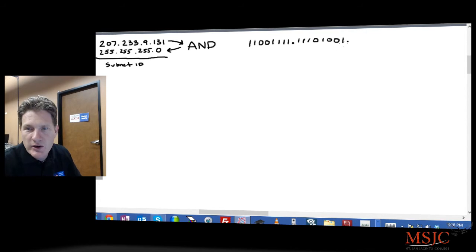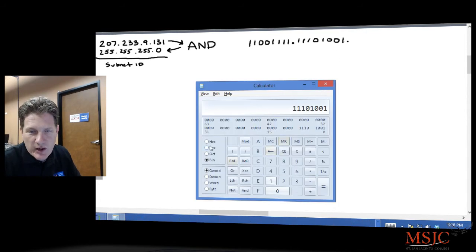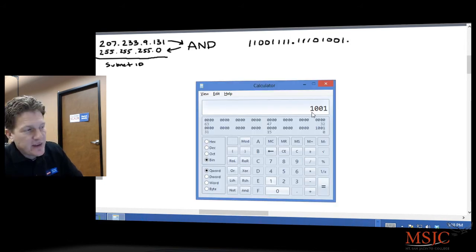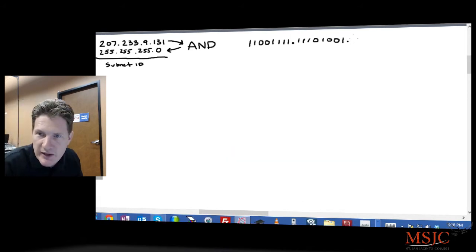Right? And then we're going to do 9, which should be incredibly easy for you binary experts out there. But notice, the calculator does not give me leading zeros. So I'm going to put in the leading 4 zeros: 0000 1001.